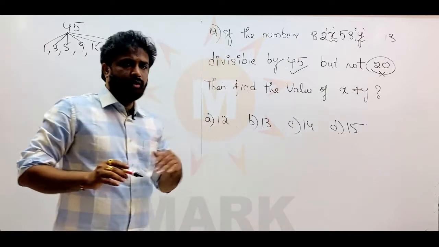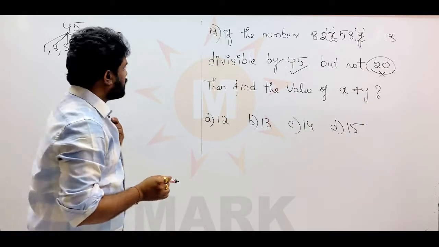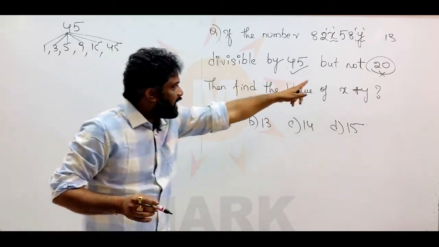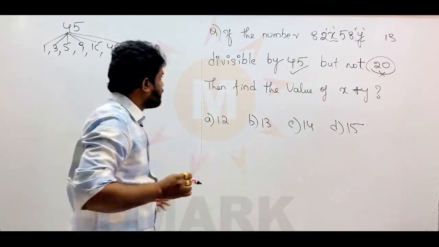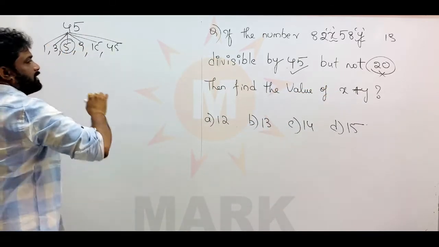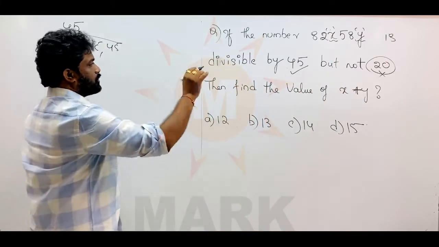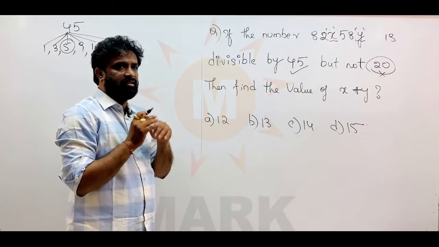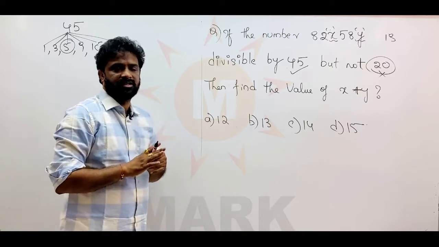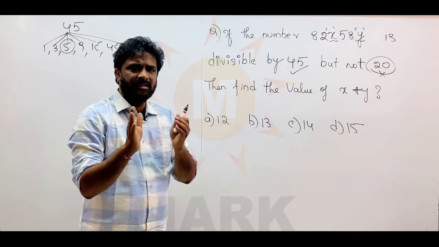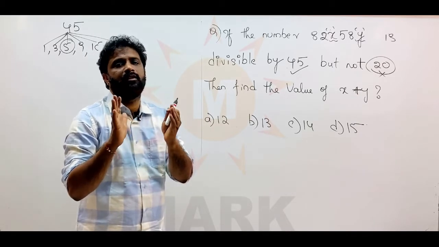Yes, there is a controversy, sir. In the factors of 20 also there is 5, but we will see it later. Here I will take such a number where there is no controversy, because for many numbers there are multiple conditions available for divisibility rules.